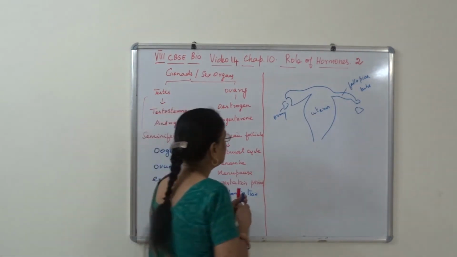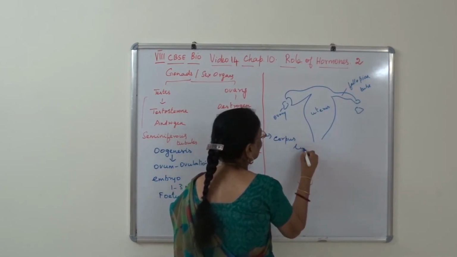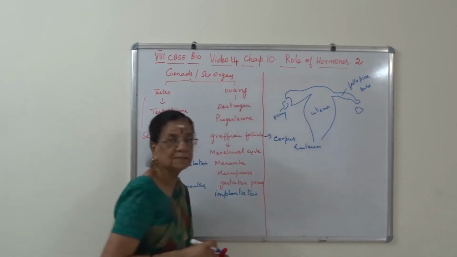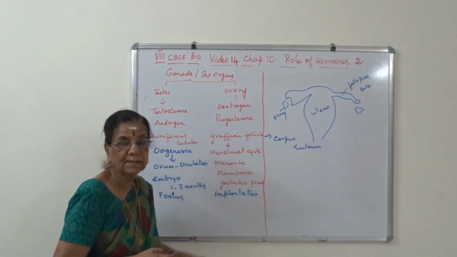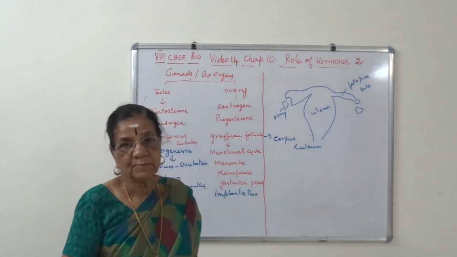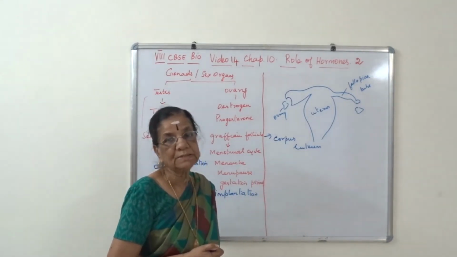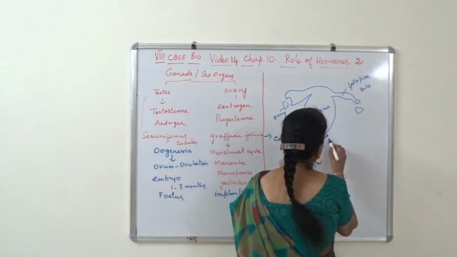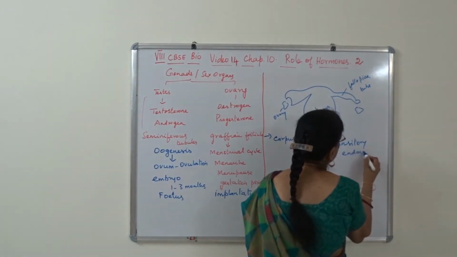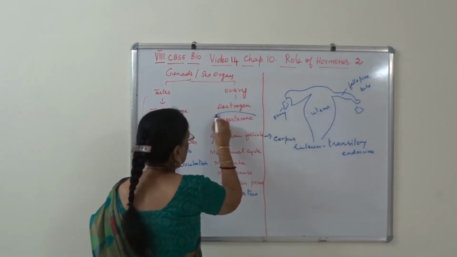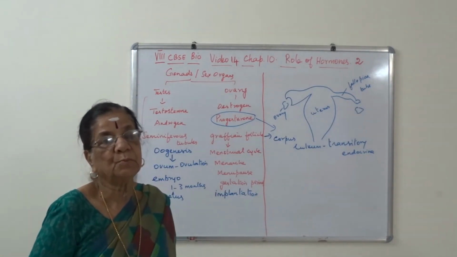Now this empty Graafian follicle, after the release of ovum, is transformed into another structure known as corpus luteum, which is a transitory endocrine gland secreting the hormone progesterone.